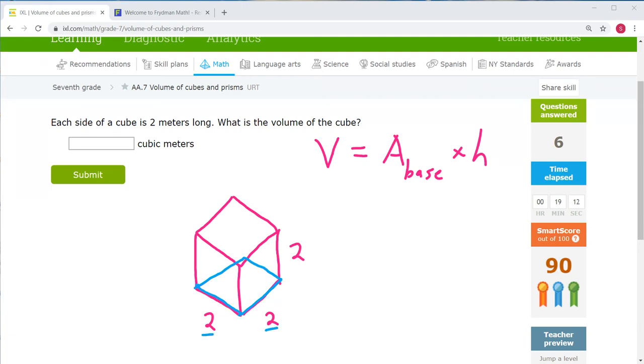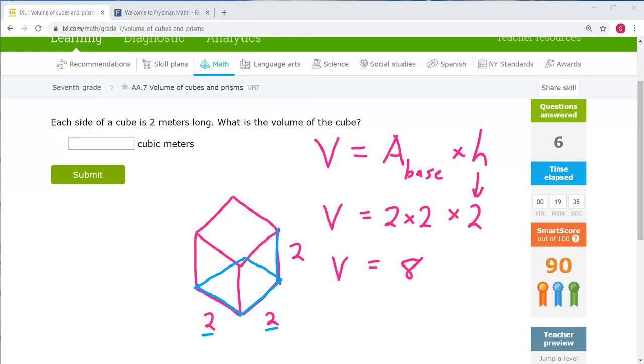So now our formula is volume is equal to 2 times 2, which was the area of the base, times the height, which was also 2. So 2 times 2 times 2 is 8.